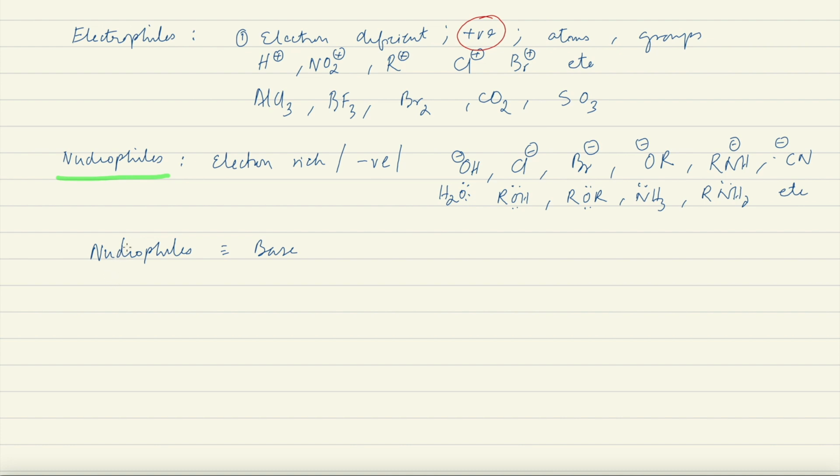Depending upon how it reacts, if it reacts with a substrate like an alkyl halide, say OH as the nucleophile, if OH reacts with an alkyl halide, it forms a new bond with the carbon atom here, so it becomes ROH, and the halide is removed. Now in this case, OH behaves as a nucleophile.